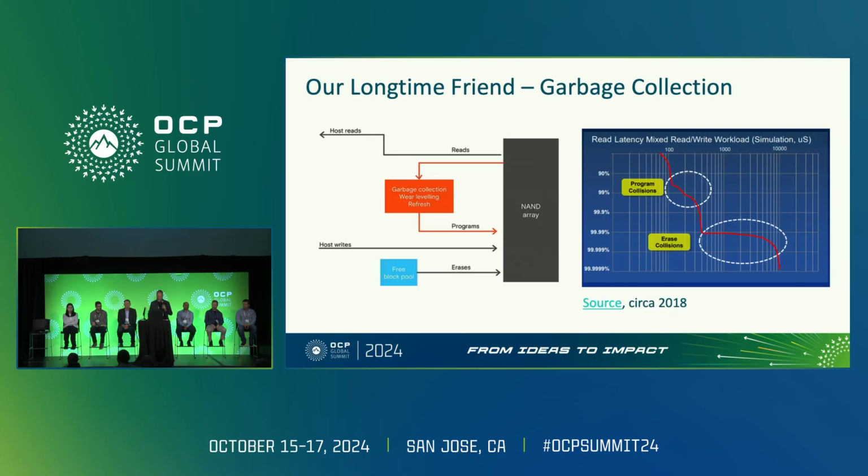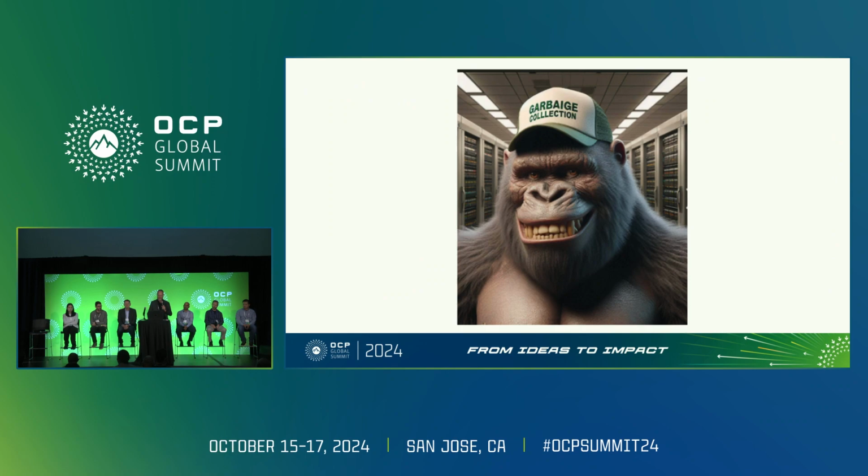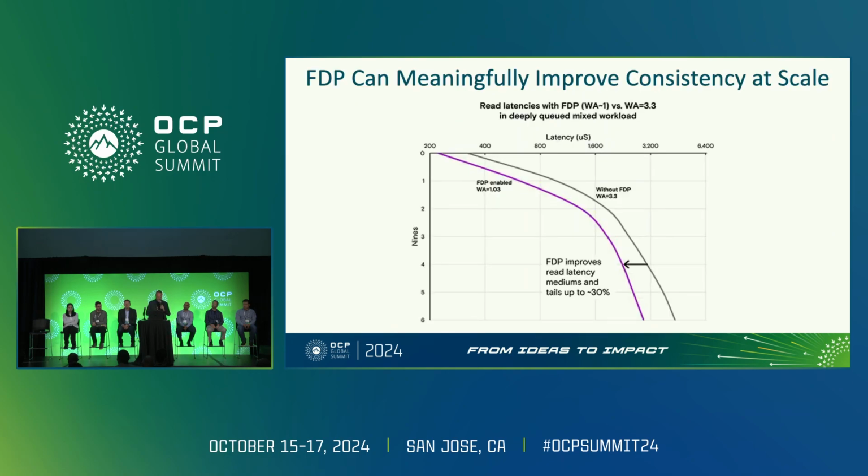For all of the data we've seen on FDP, I've not seen direct data discussing the latency of outliers. So this is an experiment that we ran. It compares the latency outliers of a random read workload in a firestorm of random writes as well. Those random writes are inducing the garbage collection.